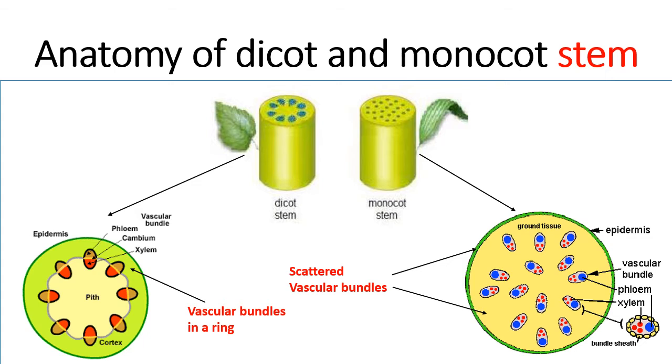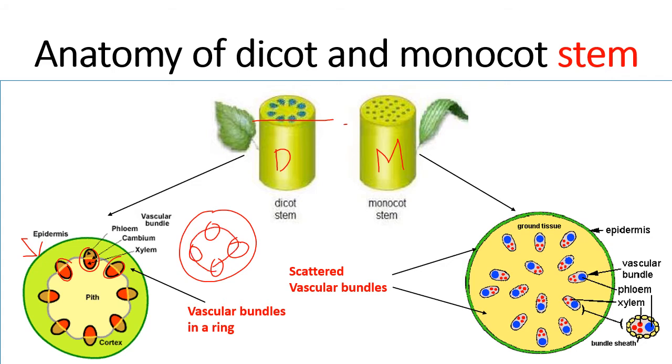Then we will see the anatomical differences in dicot and monocot stem. This is the dicot stem and here is the monocot stem. If you cut the dicot stem in transverse section, you will get a picture like this, and here you will see vascular bundles, say for example 1, 2, 3 and 4, and these vascular bundles are arranged in a ring.